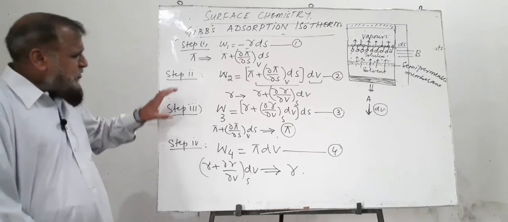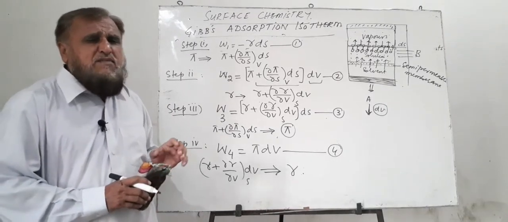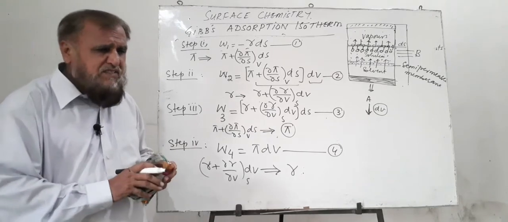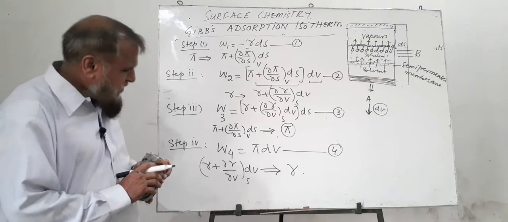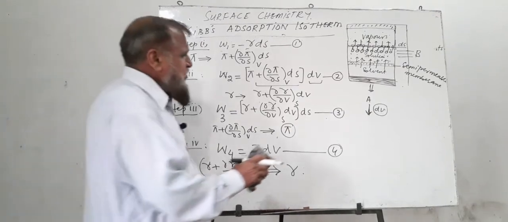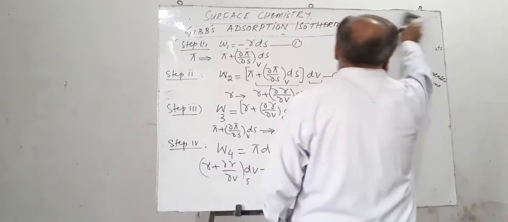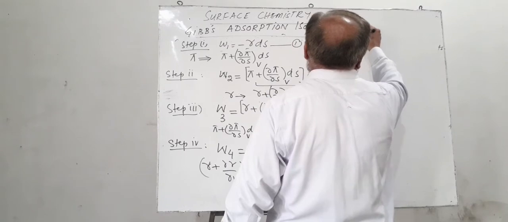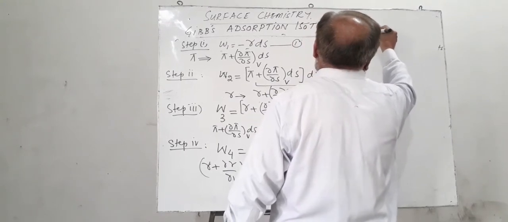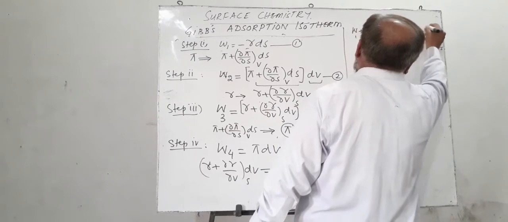Now we know that in any cyclic process, the sum of all work done is always equal to 0. Therefore, in this cyclic process, we can write that W1 + W2 + W3 + W4 is equal to 0.